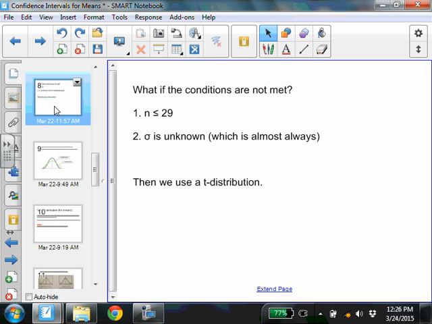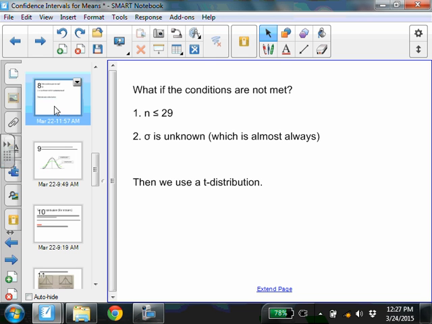But now, if we only have an n less than or equal to 29, we're not so confident that the distribution of those sample means, if we took a bunch of samples, got their averages, and plotted them, would actually give us a normal distribution anymore, okay? Or the thing that's more likely to happen is this: sigma is unknown, which is almost always the case whenever we're talking about real statistics.